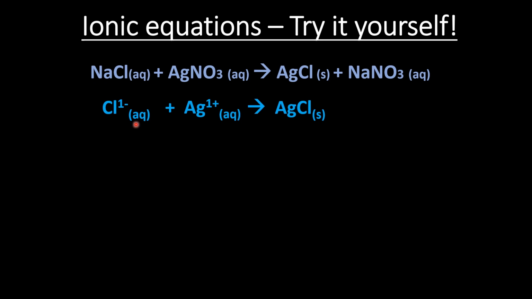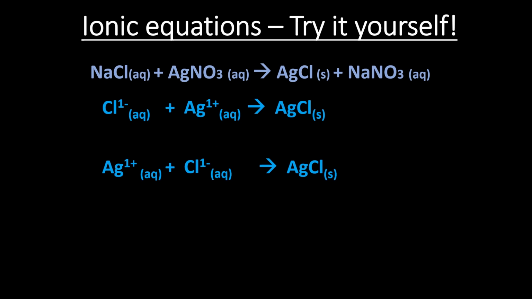Another common mistake students make is forgetting that on the left-hand side, it doesn't matter what order you write the symbols. So that equation can be written as Ag+ plus Cl- gives you AgCl as well. It doesn't matter which one; both are correct.